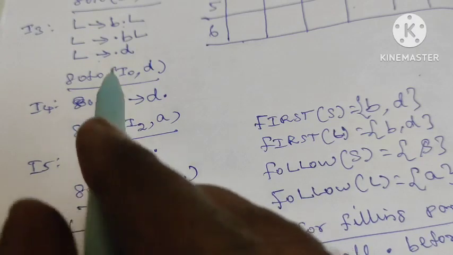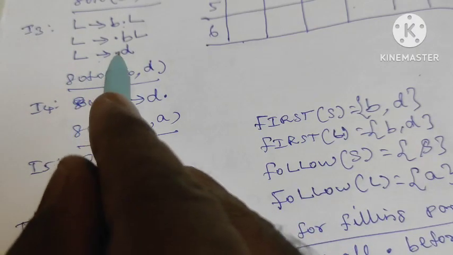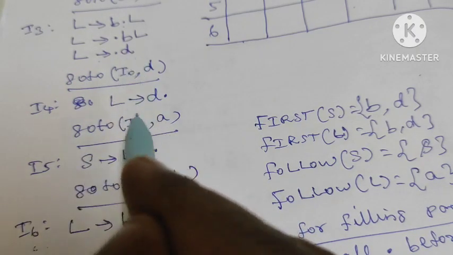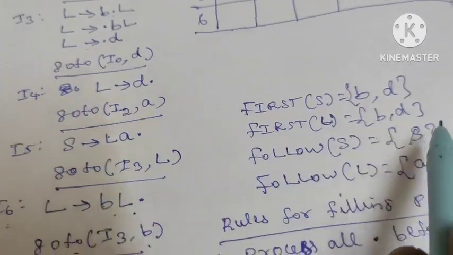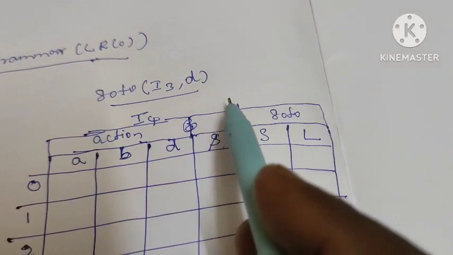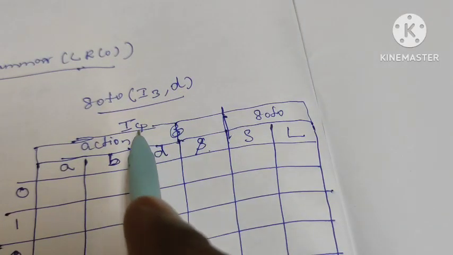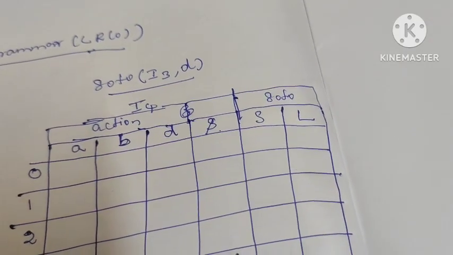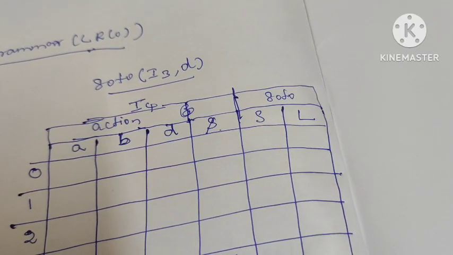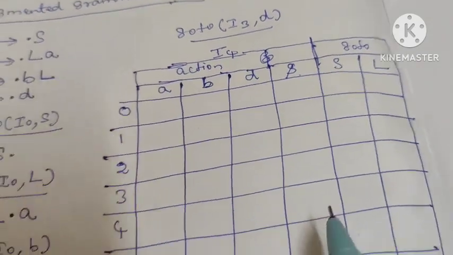So when we process go to of item set 3 comma D, we will again get I4, isn't it? So go to of I3 comma D, I get item set 4. Now all of I3 has been processed completely.